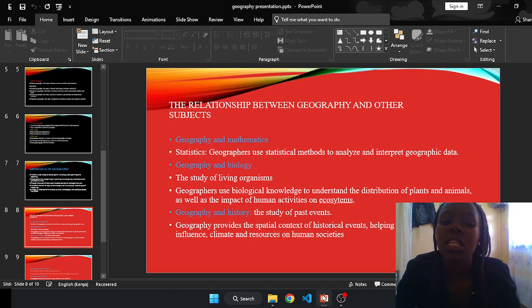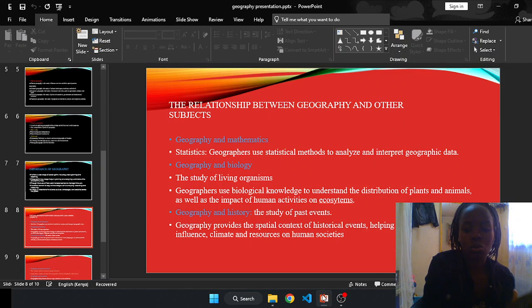How does mathematics benefit geography? Under statistics, geographers use statistical methods to analyze and interpret geographical data. Maybe when you are conducting a census, mathematics is so useful because we have to know the people who are alive, who are dead, and those who are born.